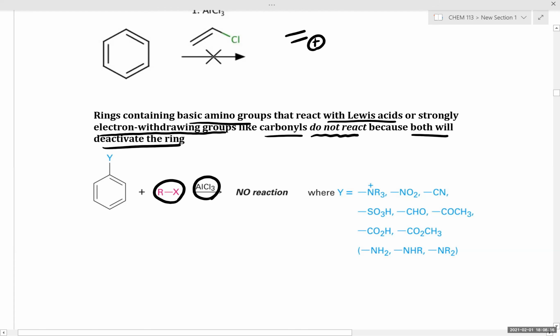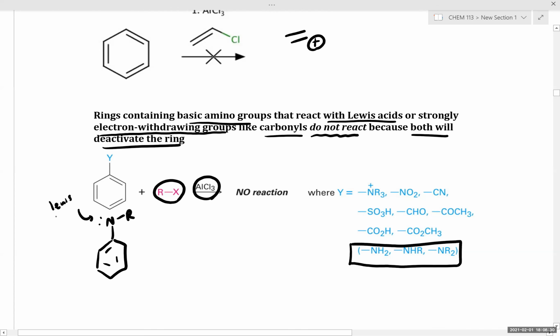So there are two cases to look at. The first of which is the case where we have an amine. So if we have an amine, this amine has a Lewis basic lone pair, right? This lone pair is a Lewis base. It's also a nucleophile. So if we have any Lewis acid floating around, we are going to coordinate our Lewis acid.